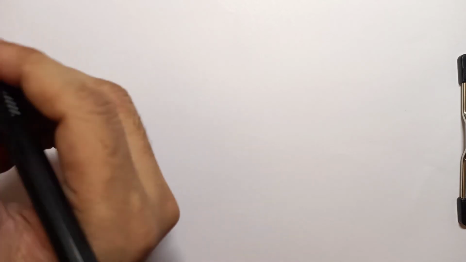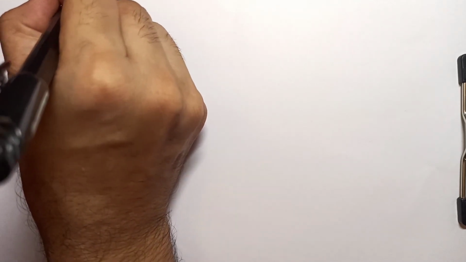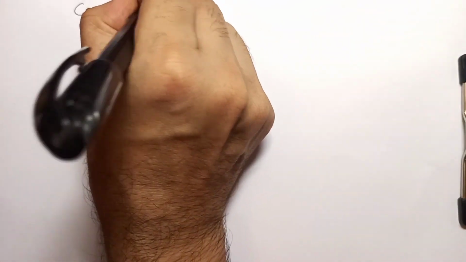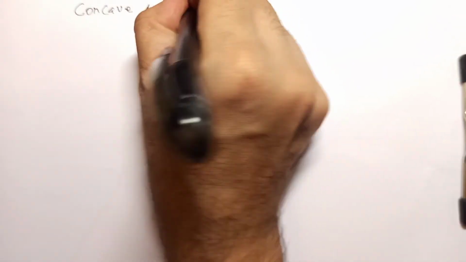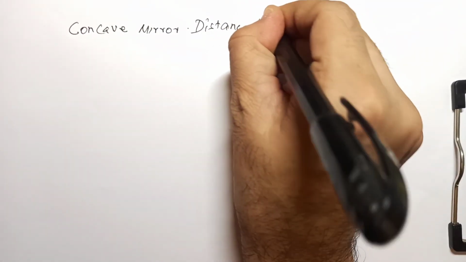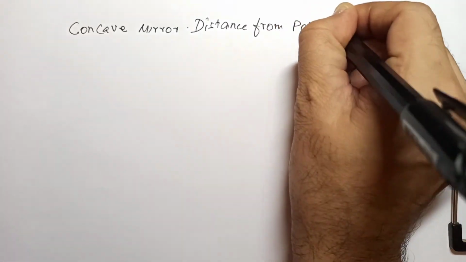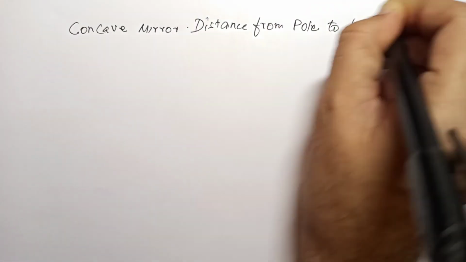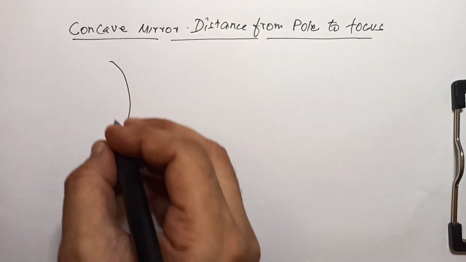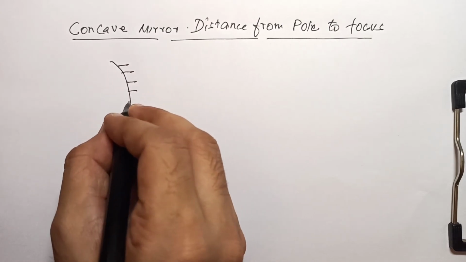Okay, very good. Now let's find the distance from pole to focus. For this let's draw a diagram.